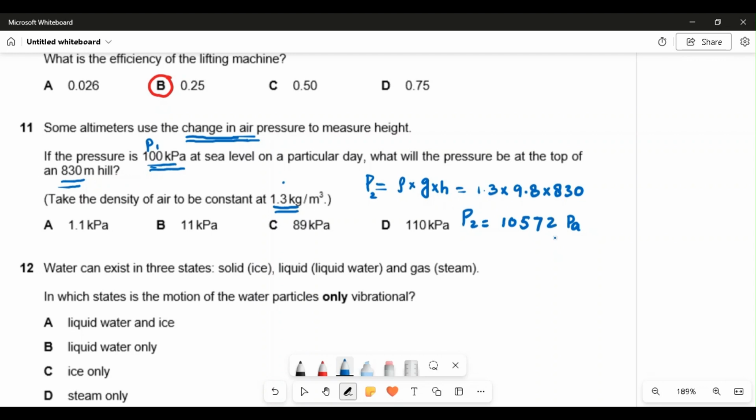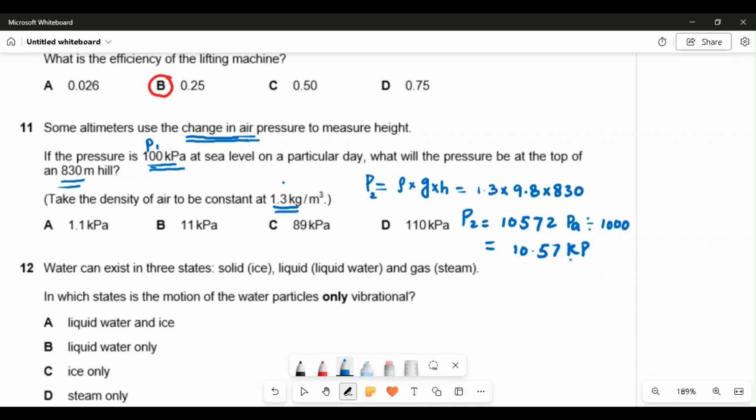If we want to convert into kilopascals, I divide by 1000. When I divide it by 1000, it becomes 10.57 kilopascal. Okay, this is the pressure of the air at the 830 meter high hill.